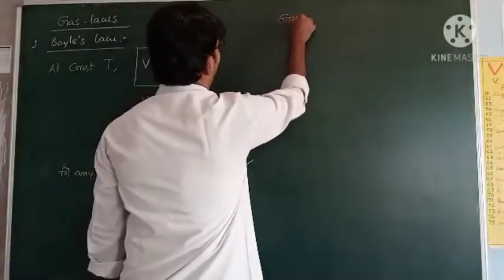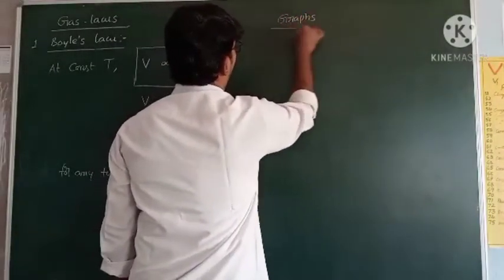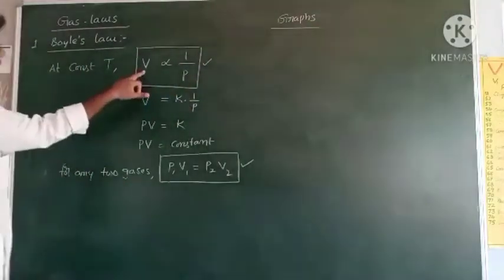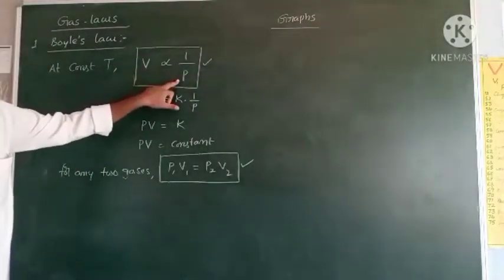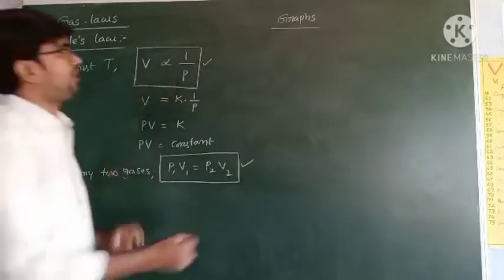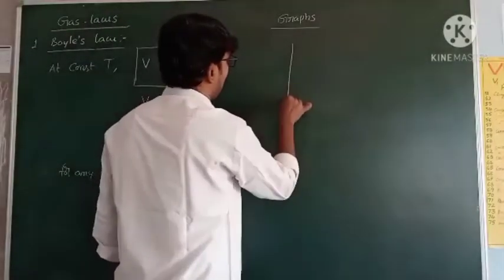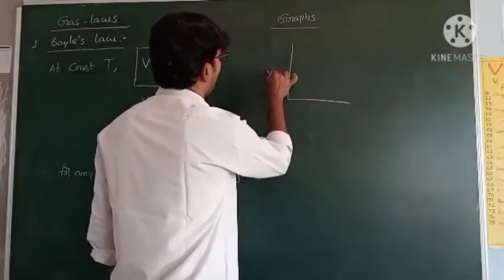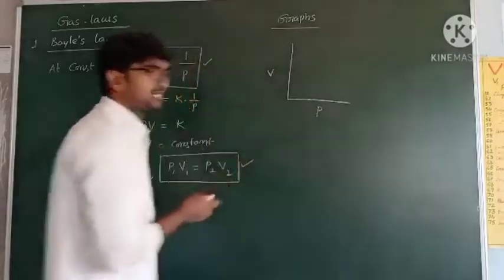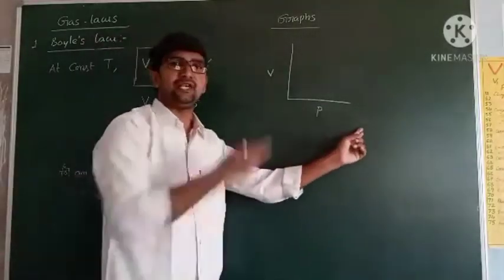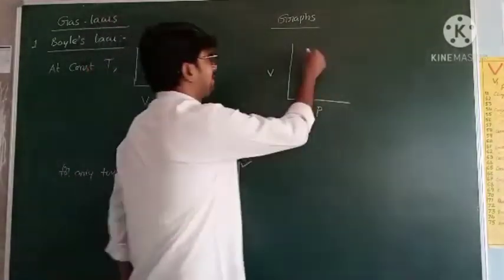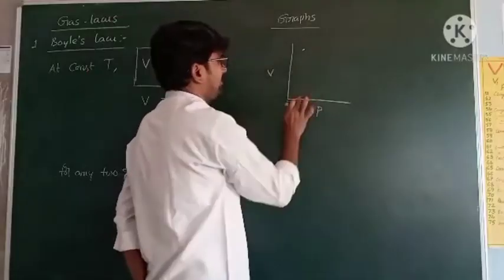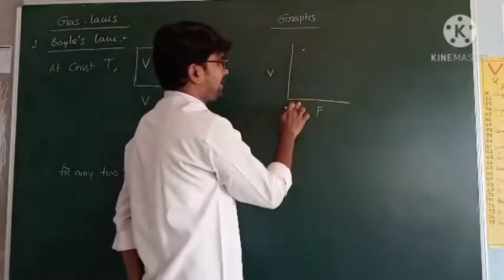How to draw the graphs? First, volume and pressure. If you draw a graph between volume and pressure, what is the relation? If pressure increases, volume decreases. For example, initially we start here.